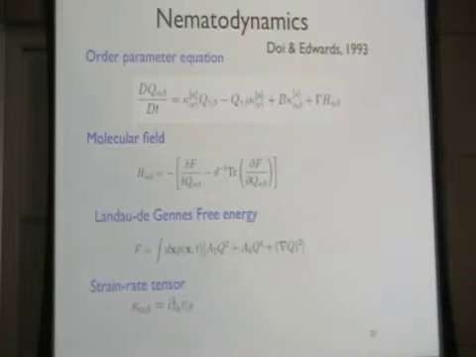Then you also have the term related to the elongational flow, which produces order: even if the order parameter was 0 initially, it will start growing linearly because of that term. And then there is the normal term proportional to the molecular field, which usually drives the standard Onsager type transition.